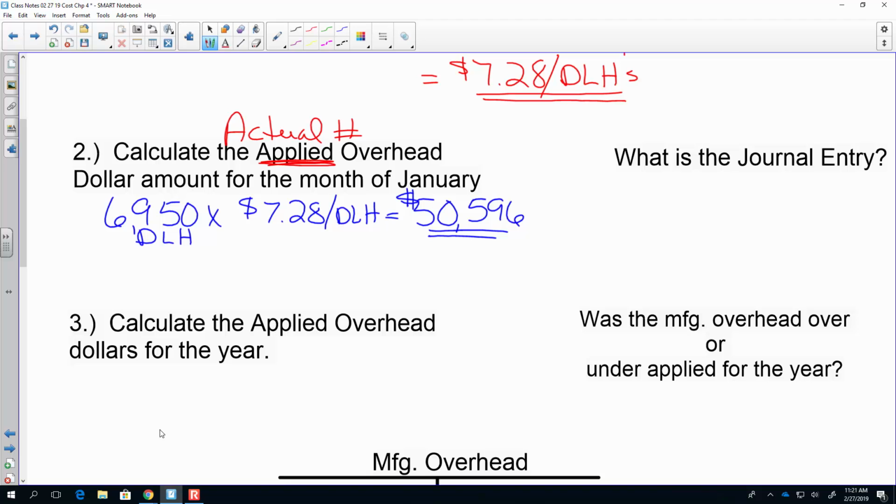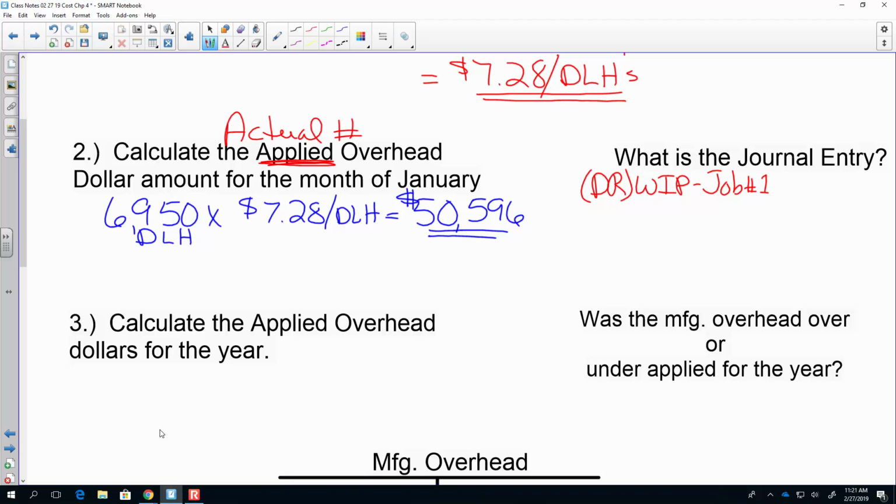So, if I'm putting it into work in process, what am I going to do? Debit or credit? Debit, right? Because it's going up, it's an asset. Job number 1.